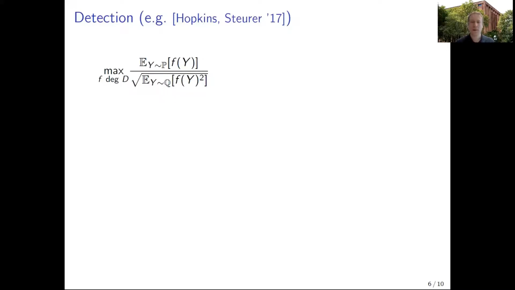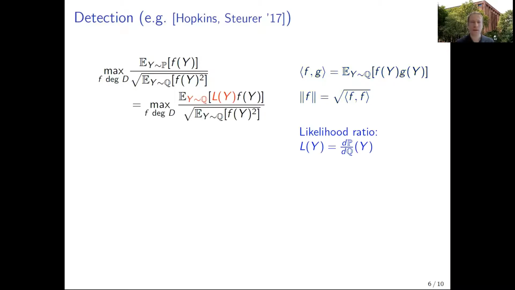This quantity may look difficult to control, but we'll see that it's actually a simple matter of linear algebra. To see this, we should define an inner product on functions with respect to Q, as well as the associated norm. And we'd like to write everything in terms of this notation. First, we need to change measure in the numerator from P to Q, and we can do this by throwing in a factor of the likelihood ratio.